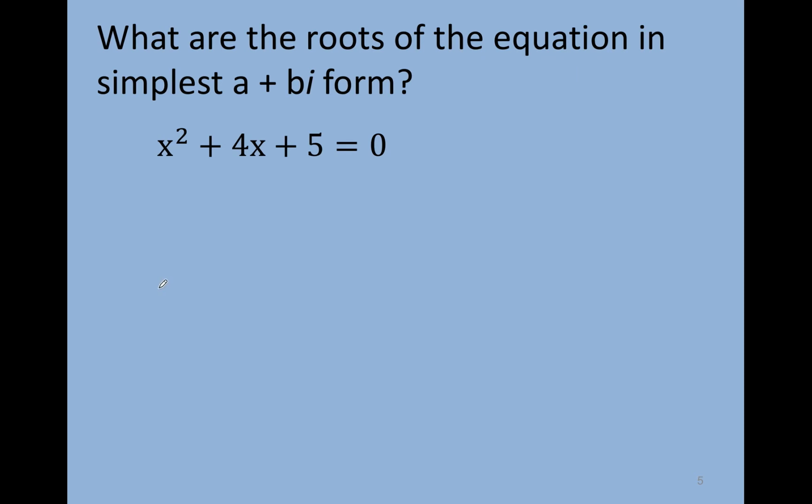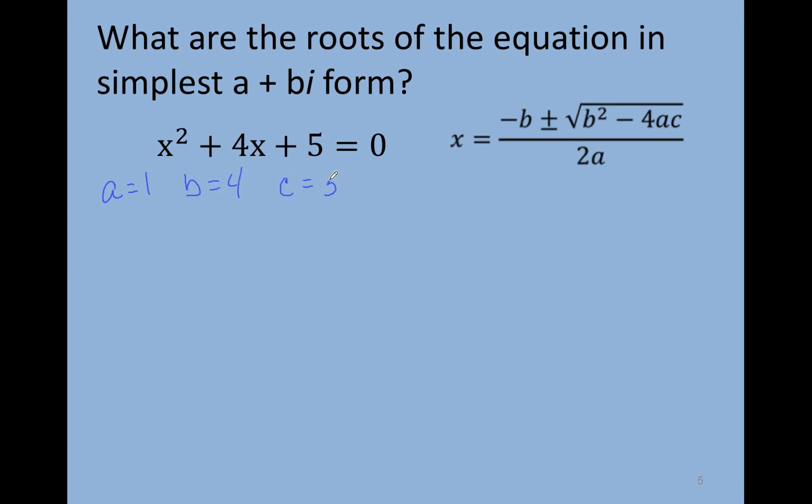What are the roots of the equation in simplest form? So we're going to find the roots using the quadratic equation. A is equal to 1, B is equal to 4, C is equal to 5. So we're going to go negative 4 plus or minus 4 squared minus 4 times A times C over 2A, 2 times 1.